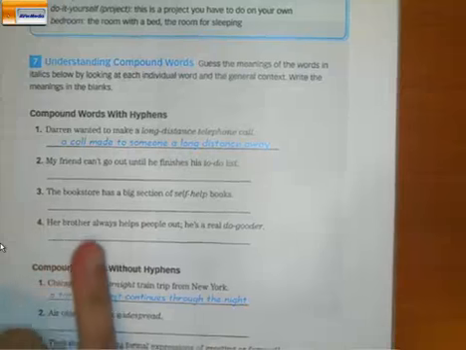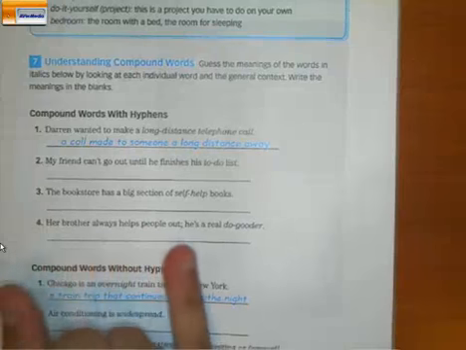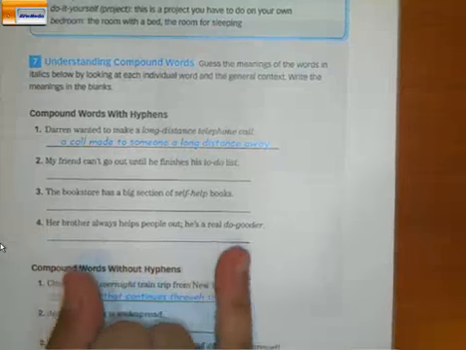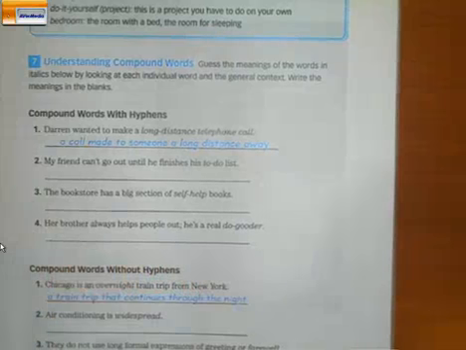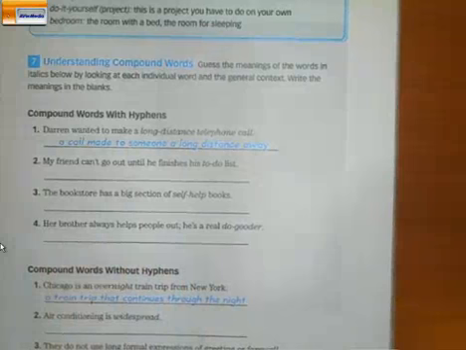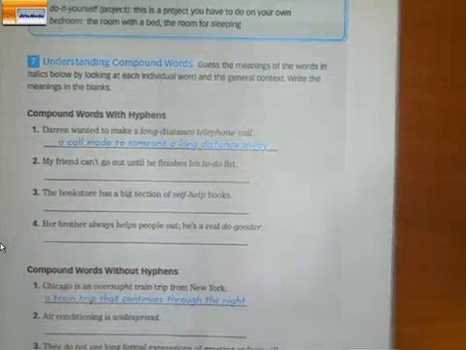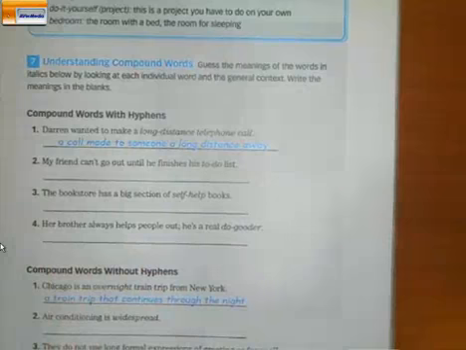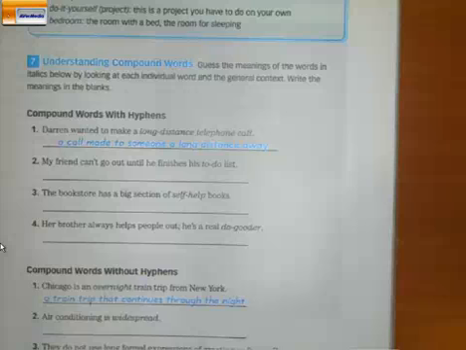Her brother always helps people out. He's a real do-gooder. Do-gooder, it's obvious from the word, people, or someone who does good things to others. If you do good things to others, you help others, you provide them with help, with money, you are doing good things.